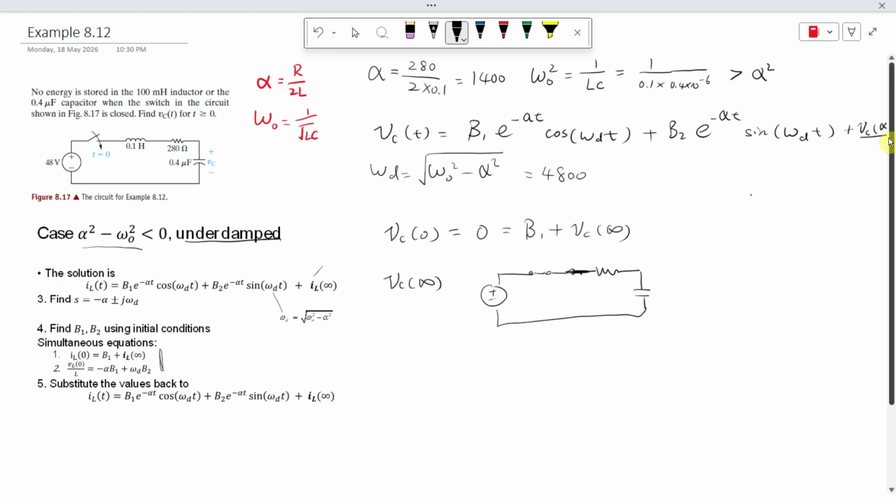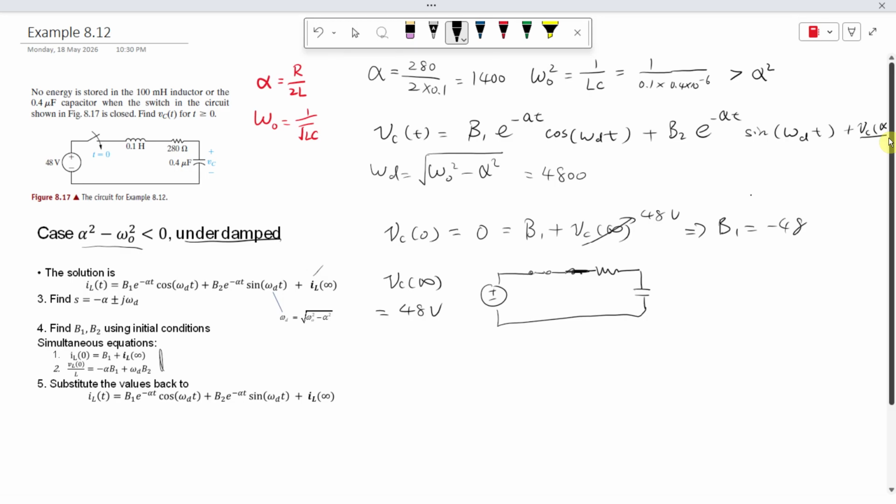We keep charging until the end, so this is going to equal the input voltage, right? So that's 48 volts. Then we know that B1 is negative 48.